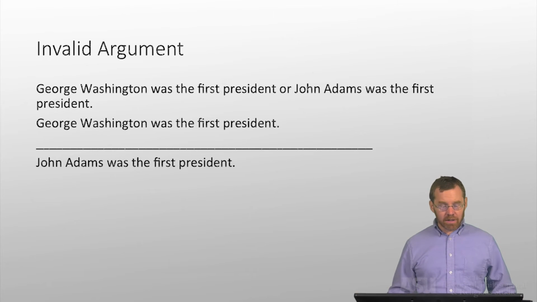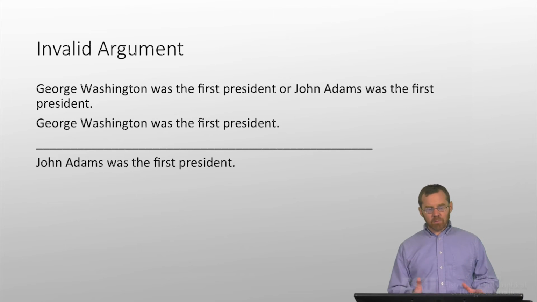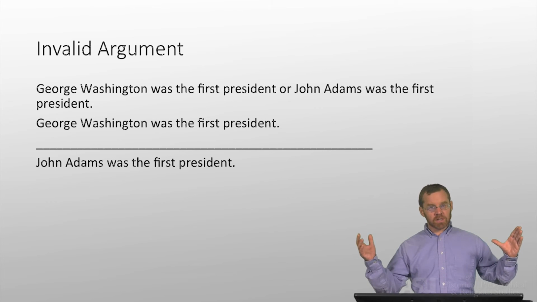Now, the following argument is invalid. George Washington was the first president, or John Adams was the first president. George Washington was the first president, therefore John Adams was the first president. Well, that doesn't work, right? In fact, that one has true premises and a false conclusion. Is it true that at least one of those sentences is true? Yes, because the first one's true.